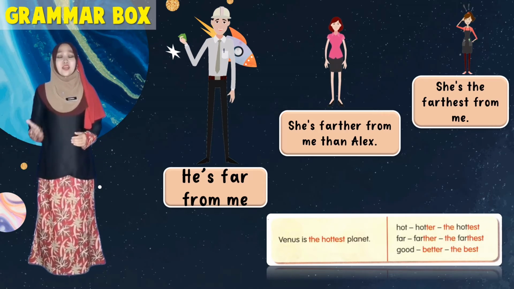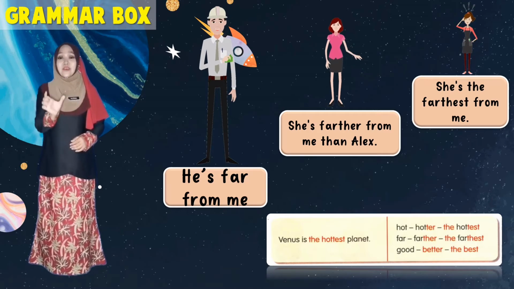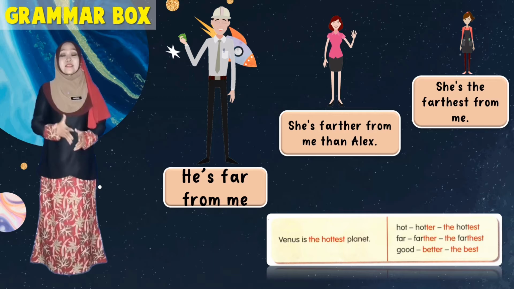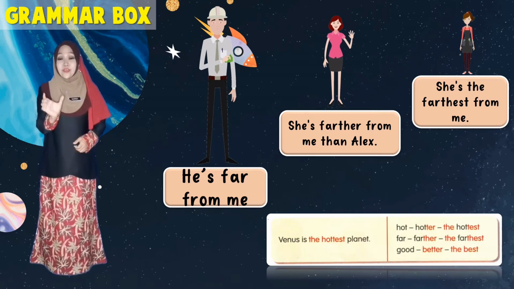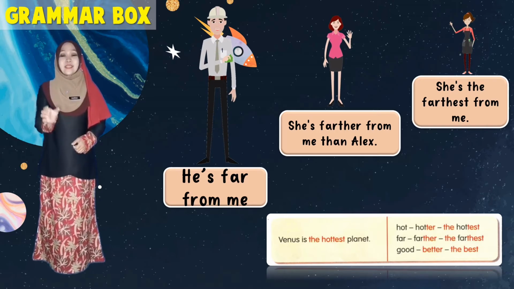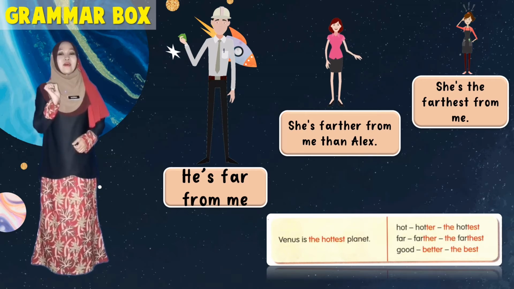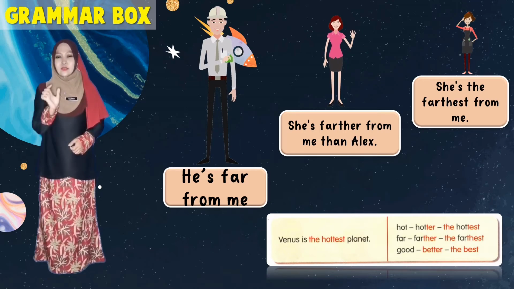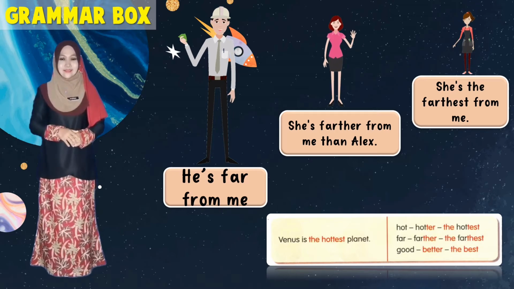Venus is the hottest planet. Here in the sentence, the hottest is the superlative adjective. The word the comes before the adjective and at the end of the adjective hot, we write est.